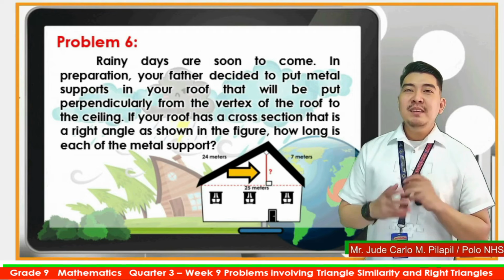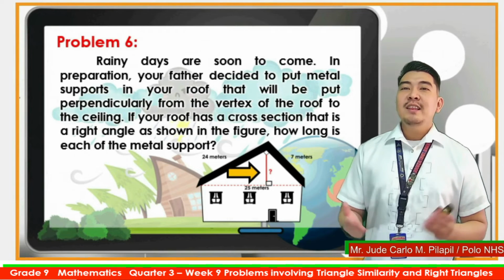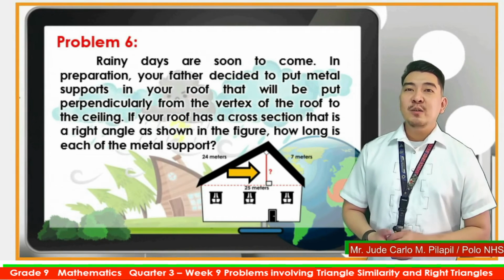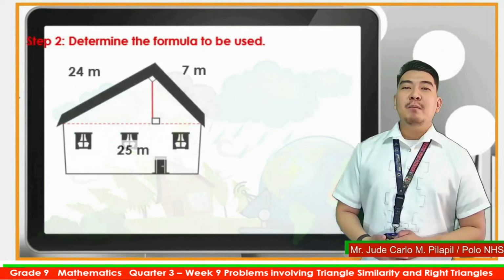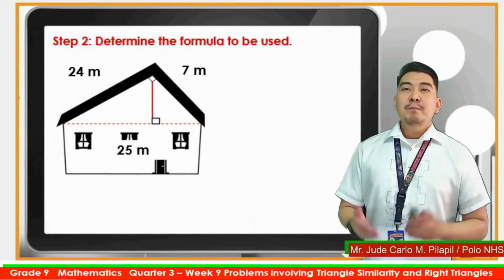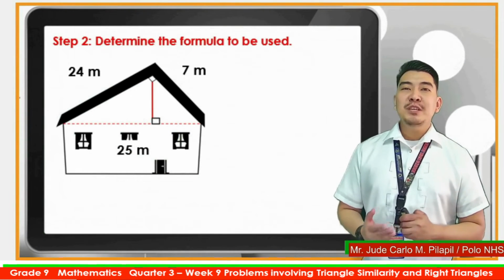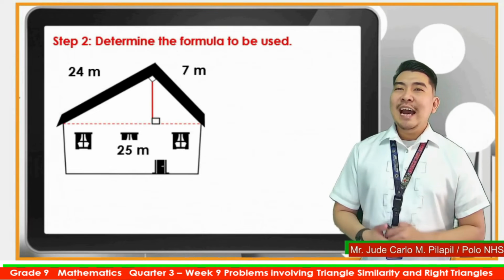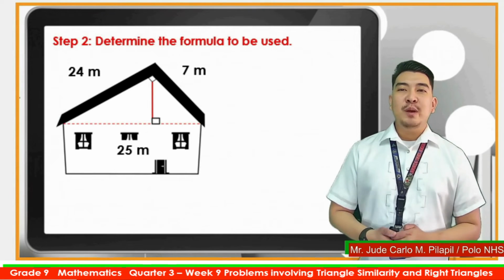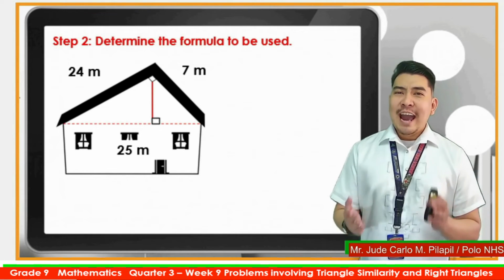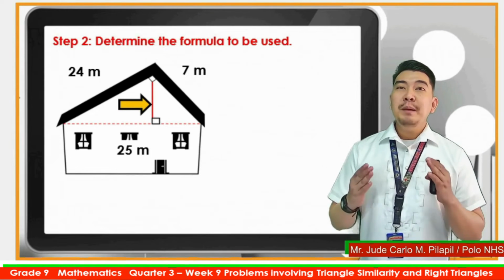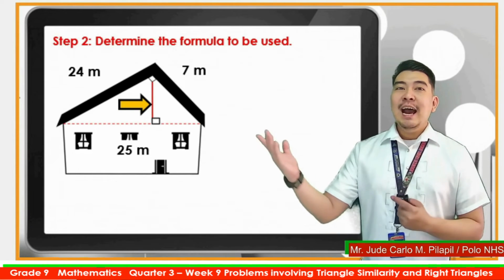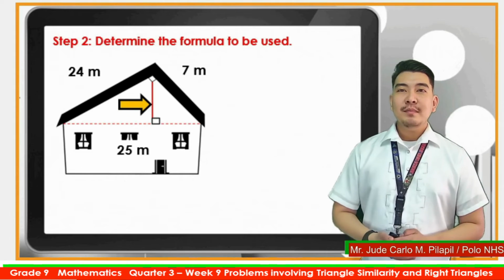The problem is already illustrated, and the given information is also indicated. With this, let us proceed to step number 2. Before determining the formula to be used, let us analyze the problem and illustration. We are asked to find the length of the metal support that will be put perpendicularly as shown in the figure.